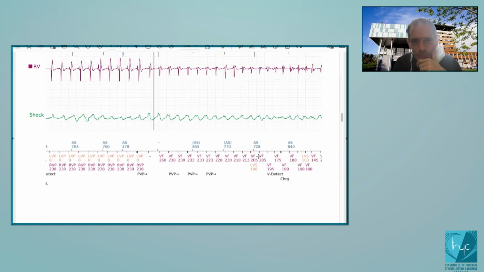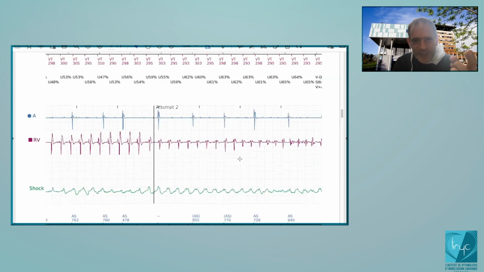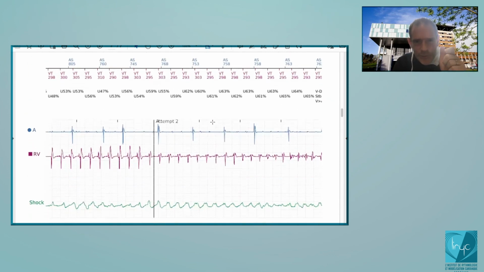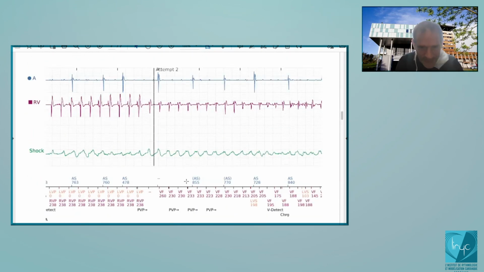This one is non-programmable. Even if you have started with the VT, there is a readaptation. You have accelerated. So now 8 out of 10. And you do not start with the initial duration of 5 seconds, for example. The duration that will be used here is the one after the therapy. You understand? So it's going to be 1 second in the VF zone.